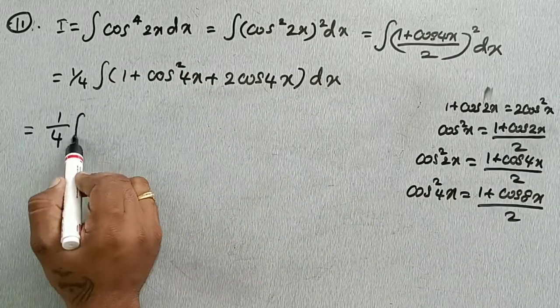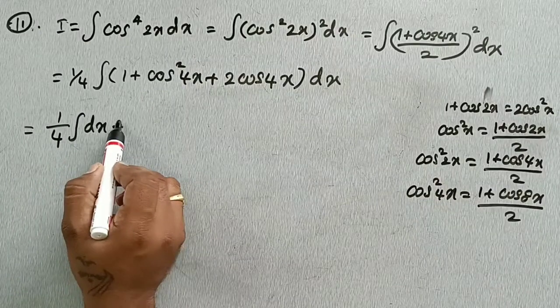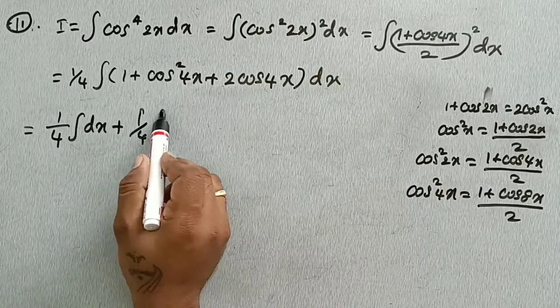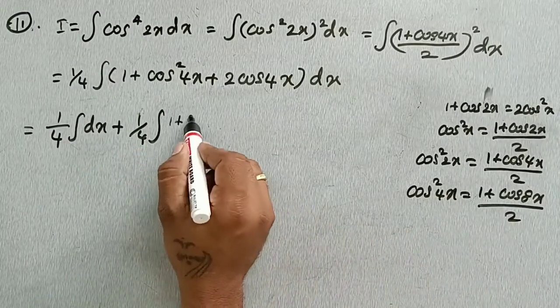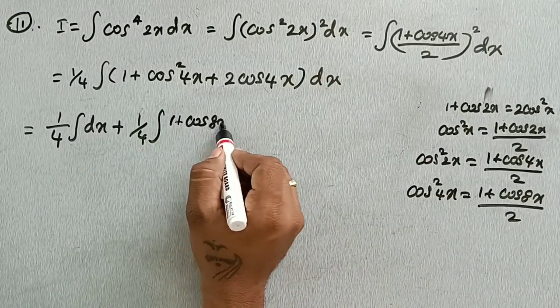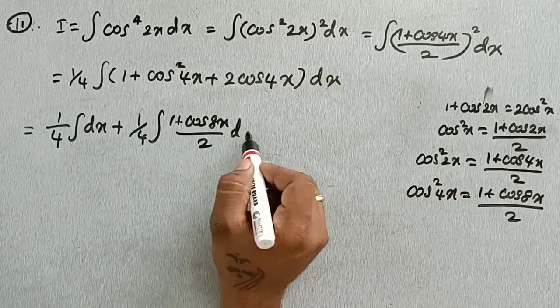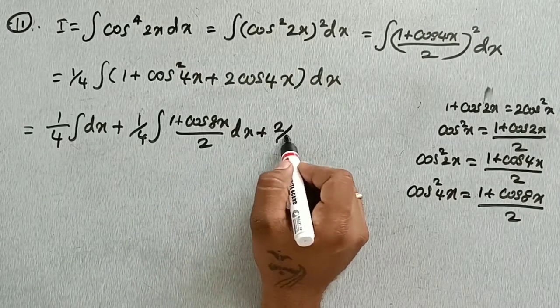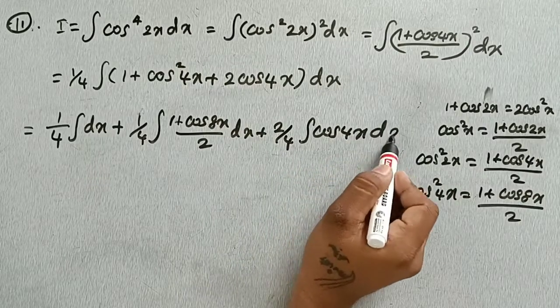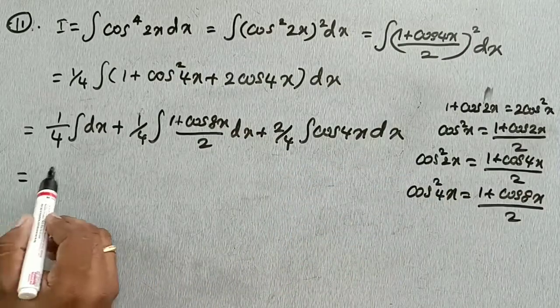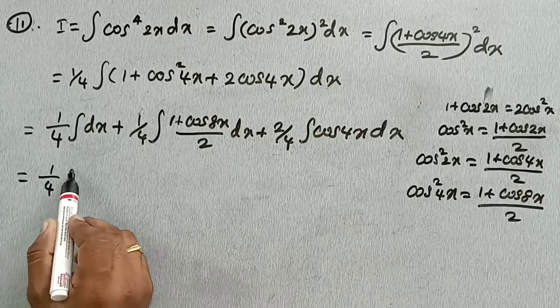1 by 4 into dx will be outside, plus 1 by 4 into integral cos square 4x, which can be written as (1 plus cos 8x) by 2, into dx, plus 2 by 4 into integral cos 4x dx will come. Now separate this, we will integrate totally finally.